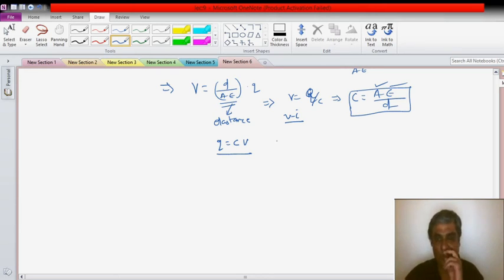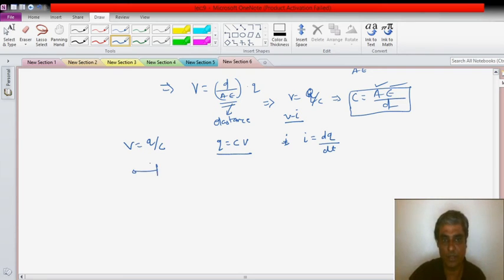We know the relation between current and voltage: I is the rate of change of charge. So V will be equal to q by C. If I have the capacitor like this, with positive and negative charges, current flowing through it, and voltage applied across it or developed across it, this is the polarity we will consider henceforth.